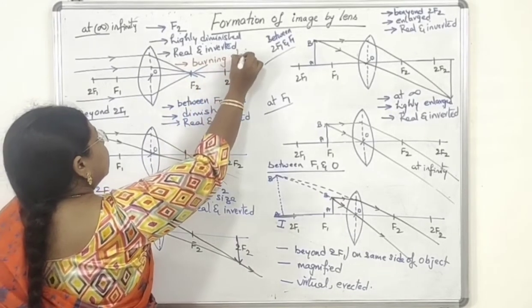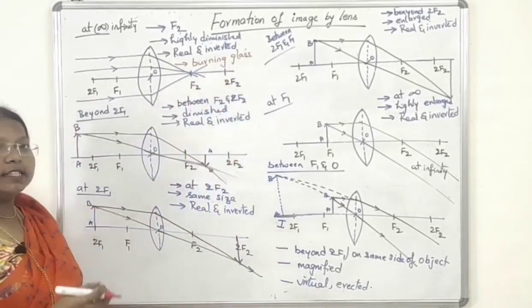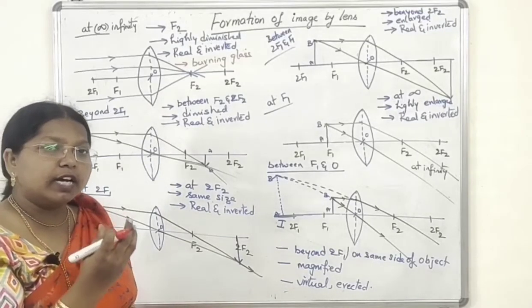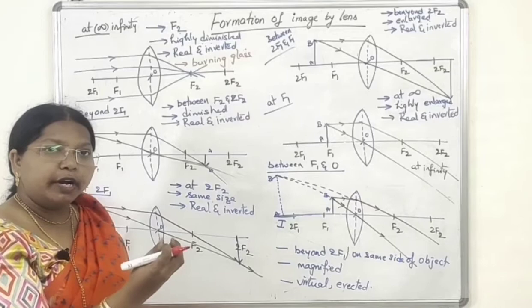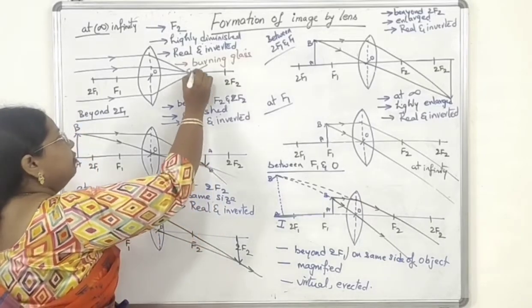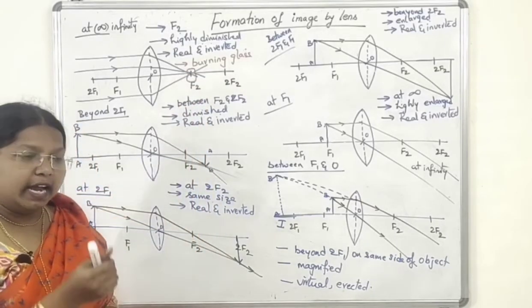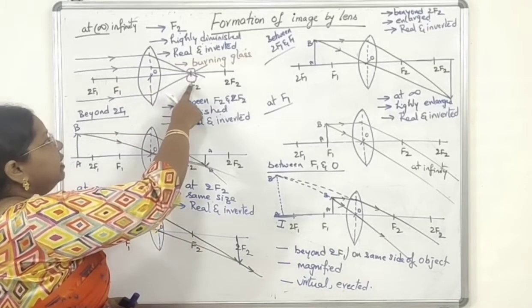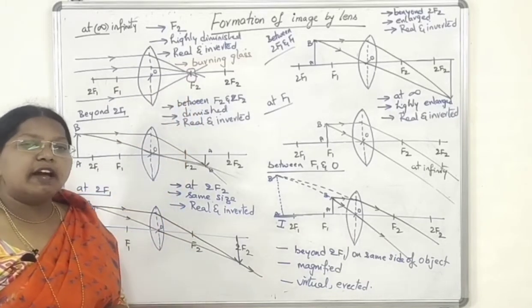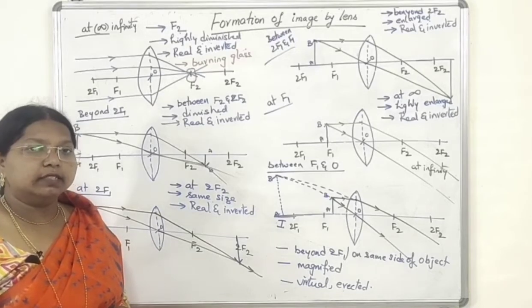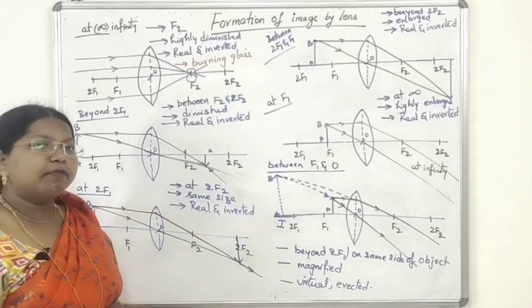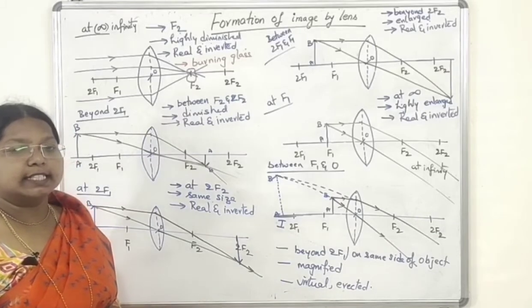If the light rays are coming from the sun and you focus all the rays at a point, and if you keep a piece of paper there, then after some time we will see the paper start burning.